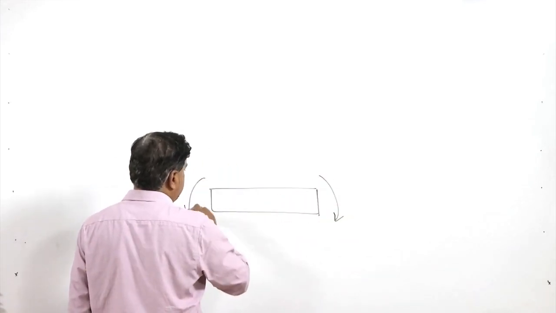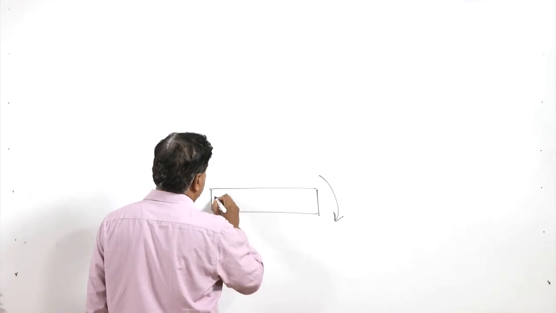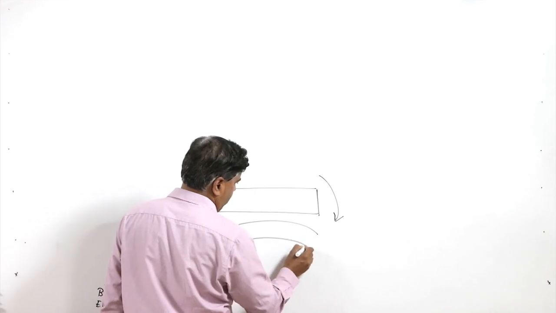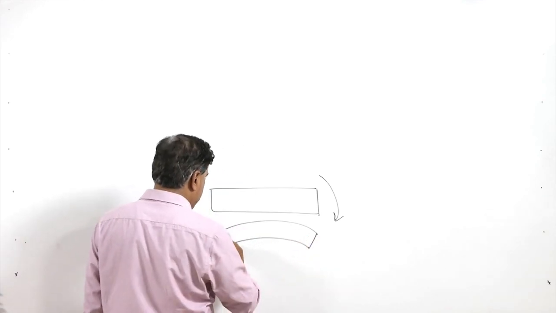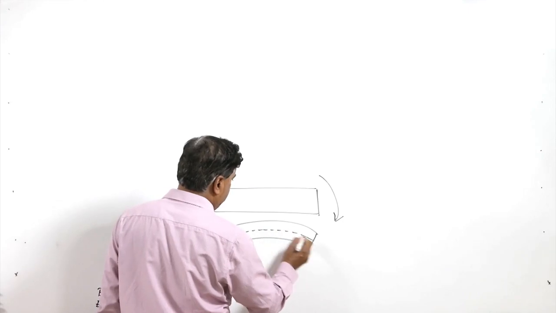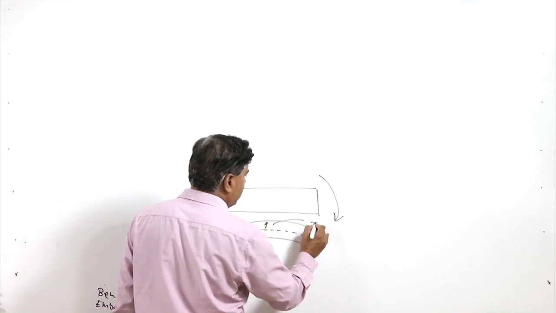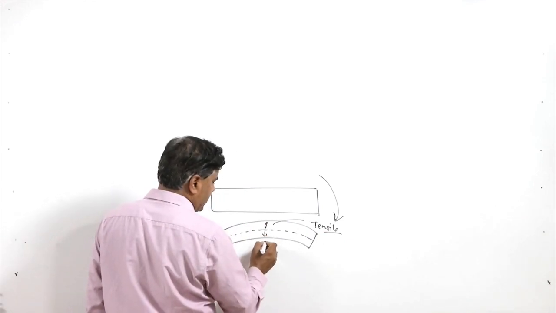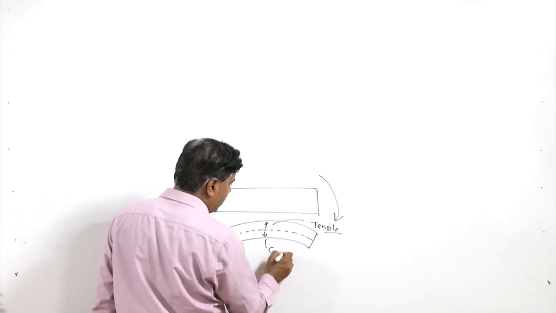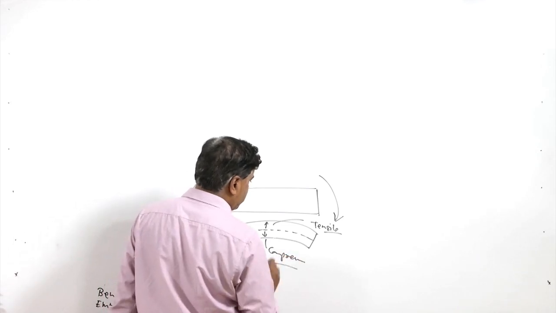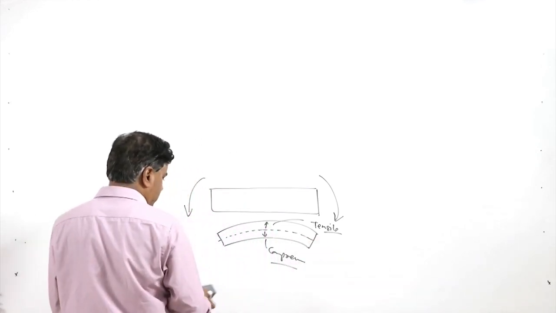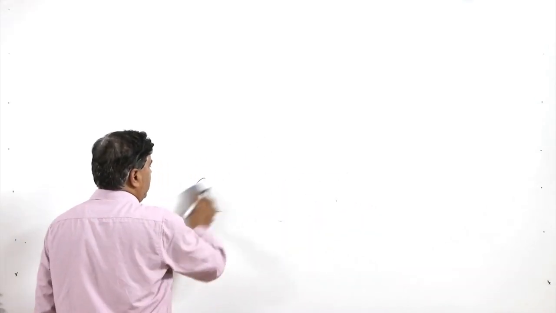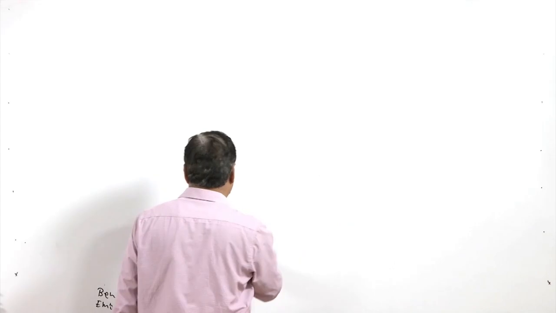Due to the bending moment, the sheet may bend in this manner. Above the neutral axis, tensile stresses will be acting, and below the neutral axis, compressive stresses will be acting, and obviously at the neutral axis no stresses will be there under the bending conditions.